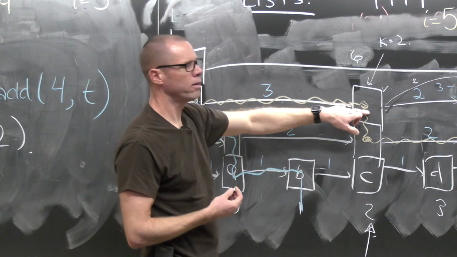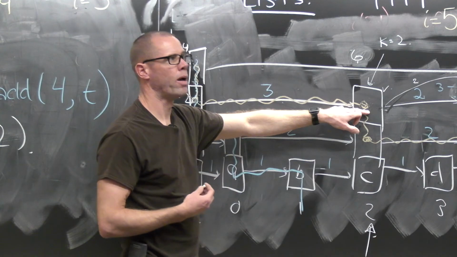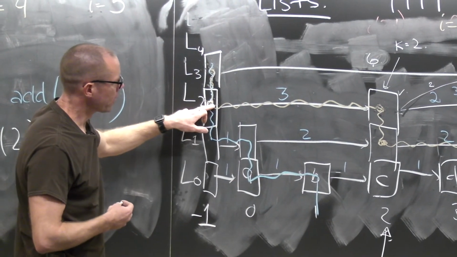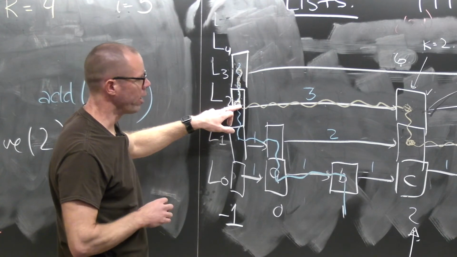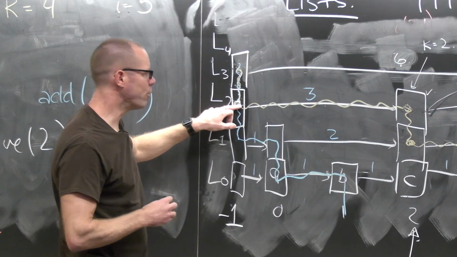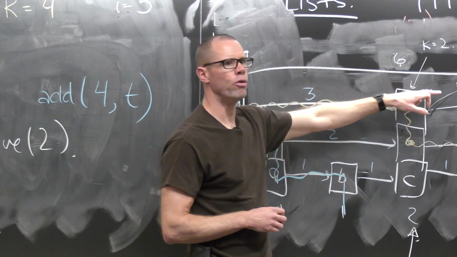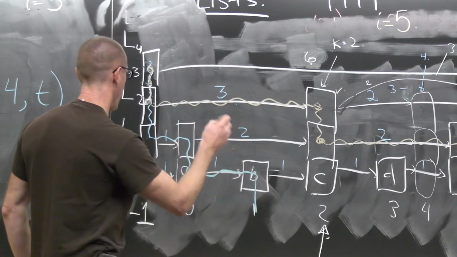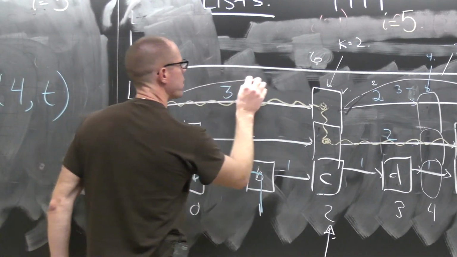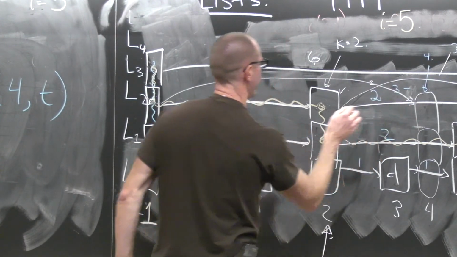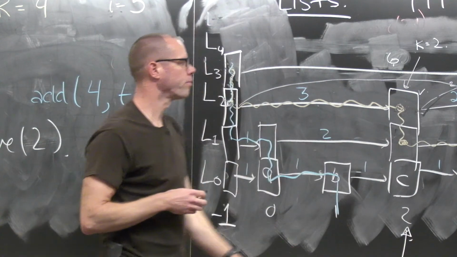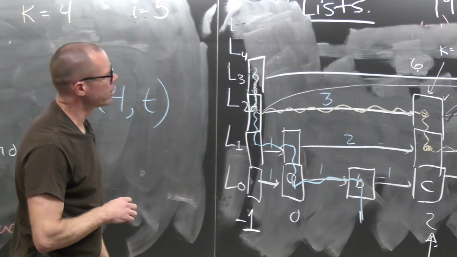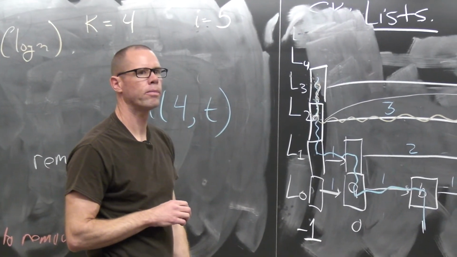We see that the thing we're looking for is to the right. So -1 plus 3 is 2, which is bigger than or equal to 2. And since it's equal to 2, that means we should be removing this thing. So we have to splice this thing out of the list by changing this pointer to point to there. That's no problem. What is the length of the resulting edge?